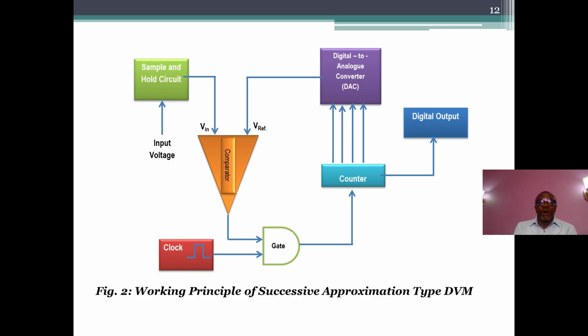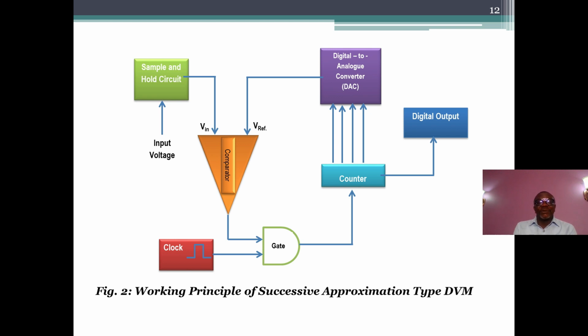Now, at startup, when there is input at Vin and Vref has no input, the comparator looks at the reference, which at this point is 0, and the Vin, meaning something coming in.